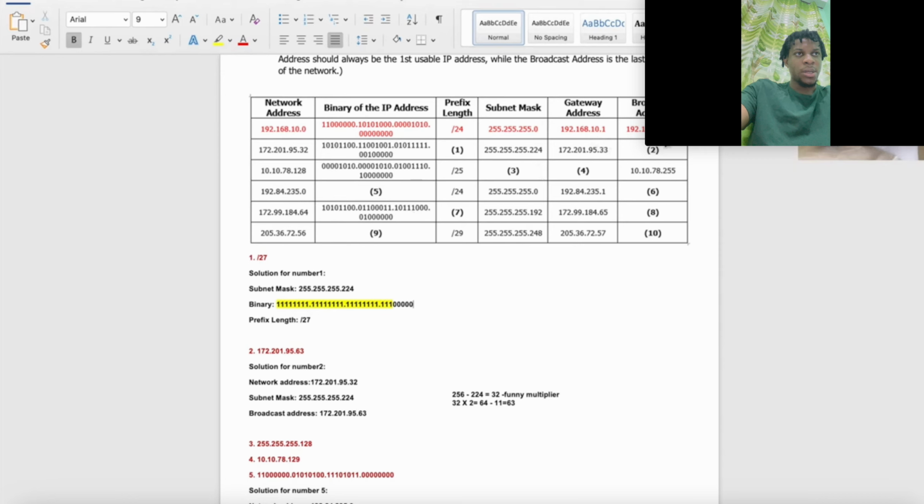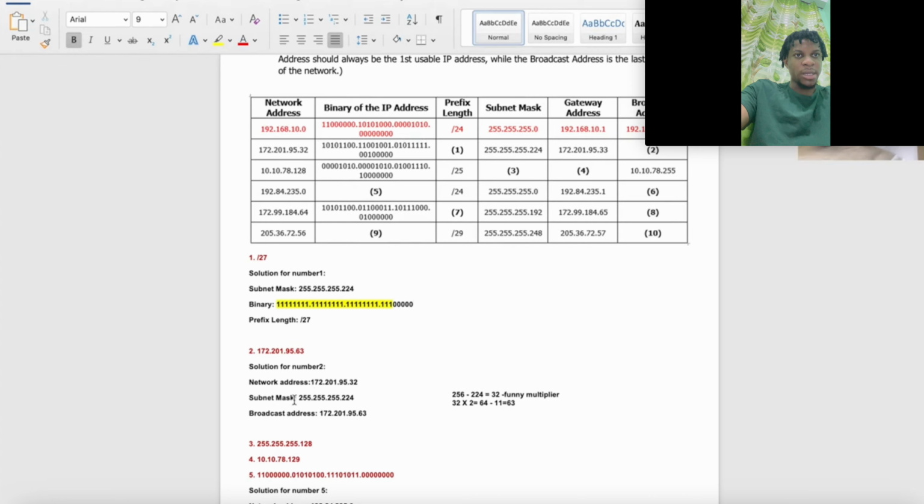The broadcast address is 172.201.95.63. Solution for number 2. The network address is 172.201.95.32.